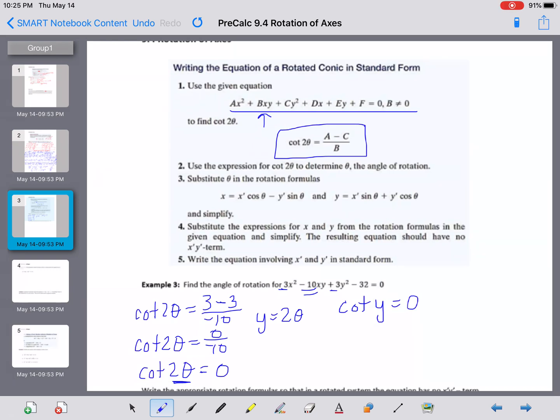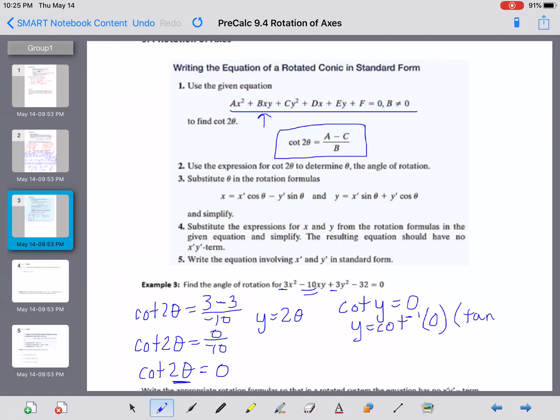So y is asking, where is your cotangent 0? Now, of course, it's cotangent, which we didn't usually do. So that's saying the same thing as saying, where is your tangent, like 1 over 0, or undefined, okay? So this is the same thing as the tangent undefined.